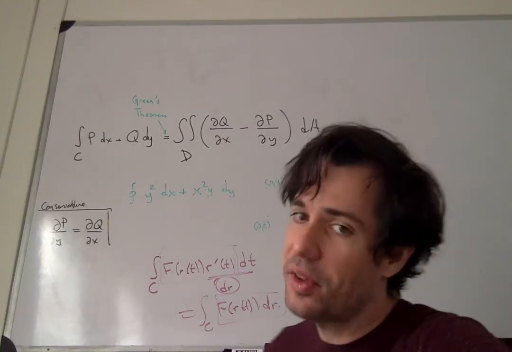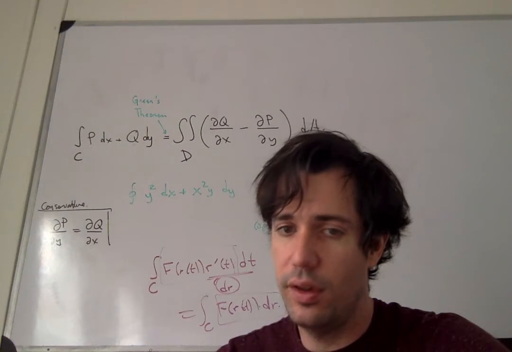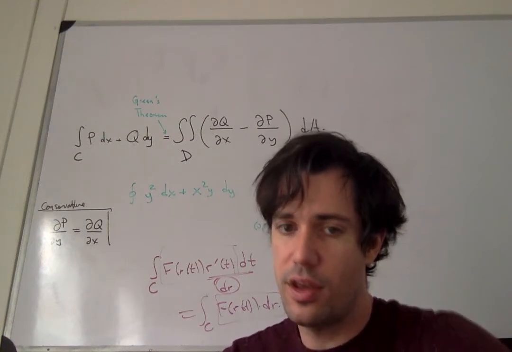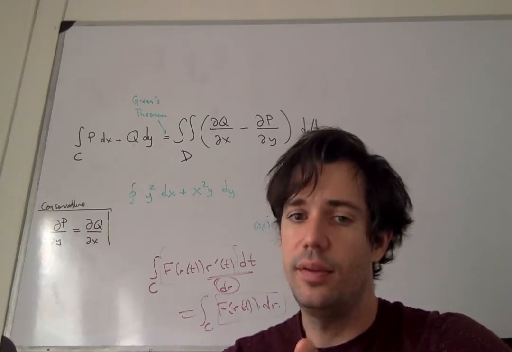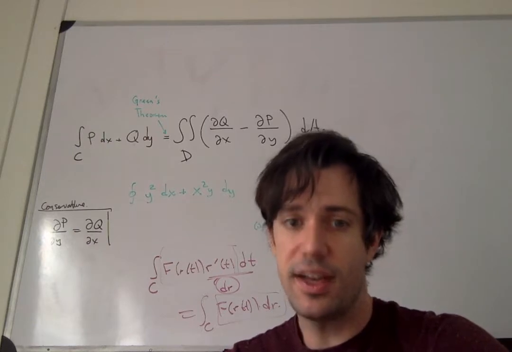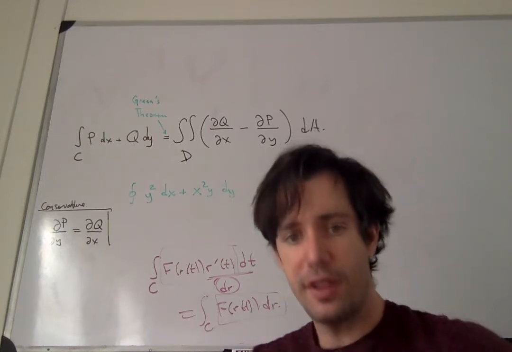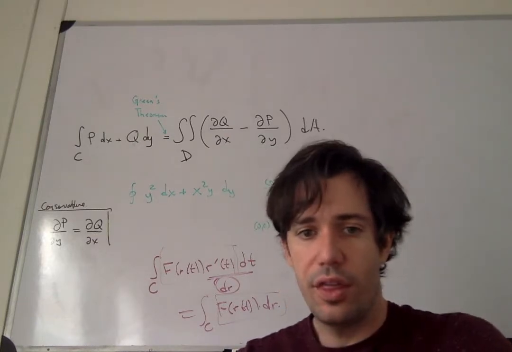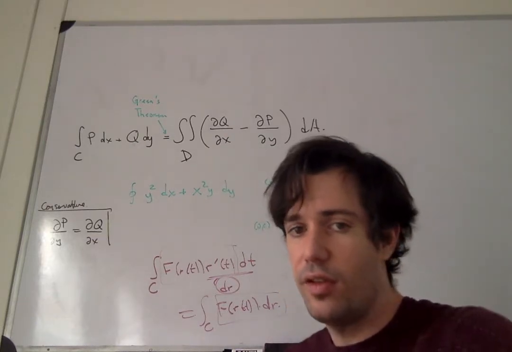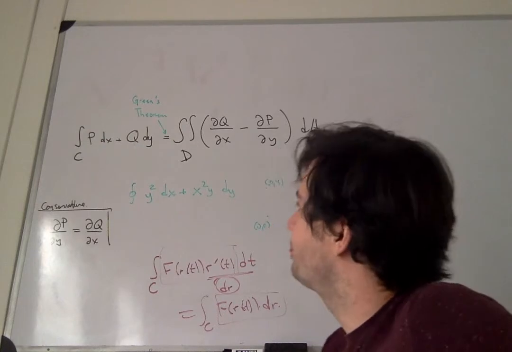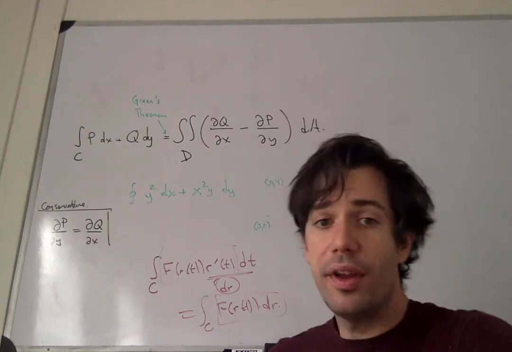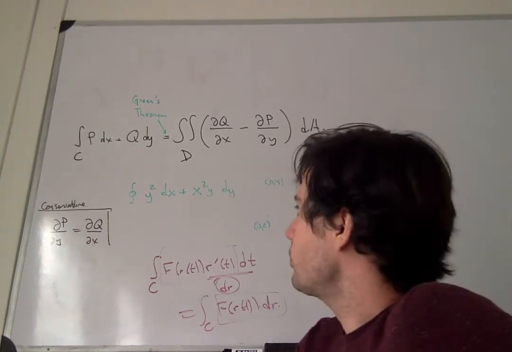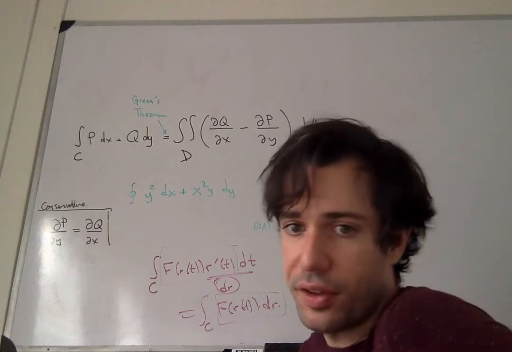Well, I said sometimes it's helpful to integrate the dx. You convert the dx to dx by dt times dt, and you evaluate the integral. You replace all instances of x with your parameterized curve, and you integrate with respect to t. But sometimes that's a lot of work. So we're going to go through some examples in this video.